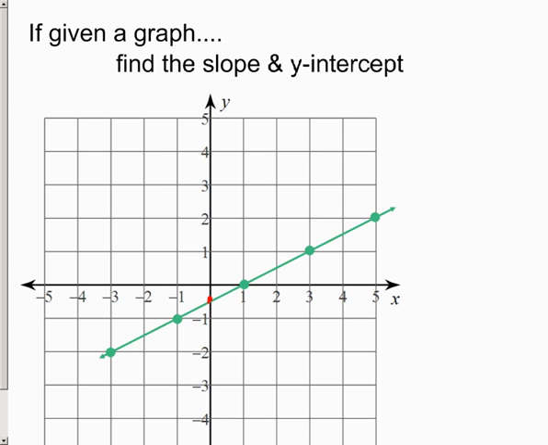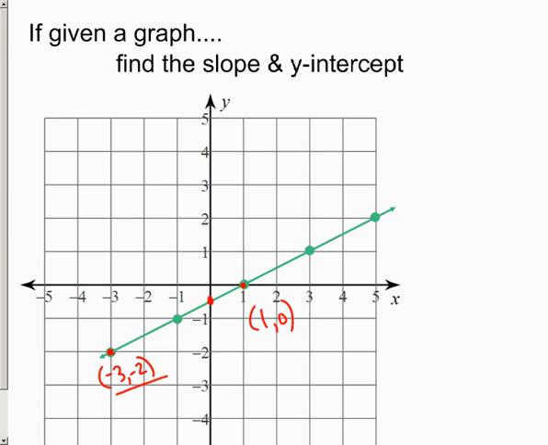If you notice right here, we're not for sure exactly where it's at. It looks like it's at about halfway or negative 1/2 between 0 and negative 1. But because we're not exactly sure where it is, it looks like we're just going to have to get the coordinates from two of our points here, where here's negative 3, negative 2, and right here is 1, 0.